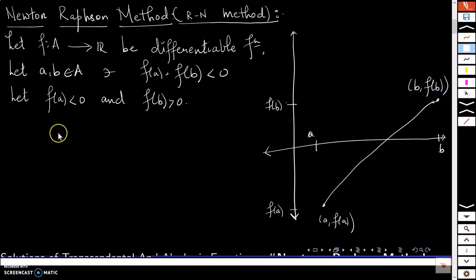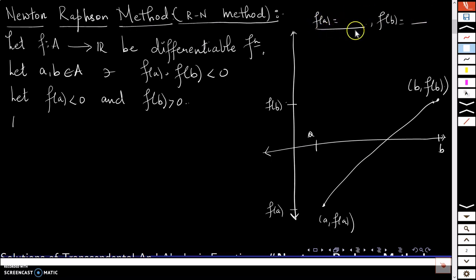So what I'll do is first I will compute f of a and f of b, and I will check which one of them is closer to 0.